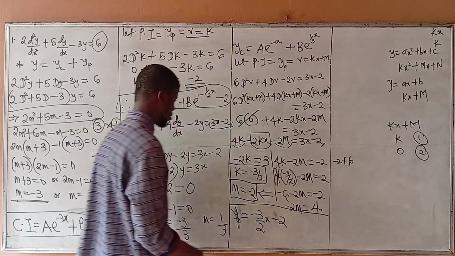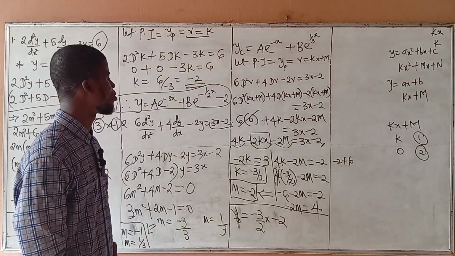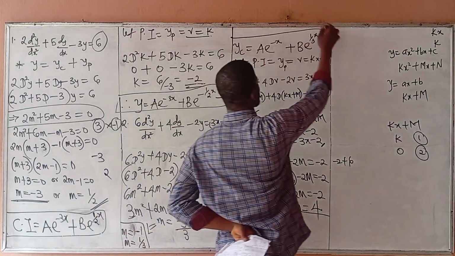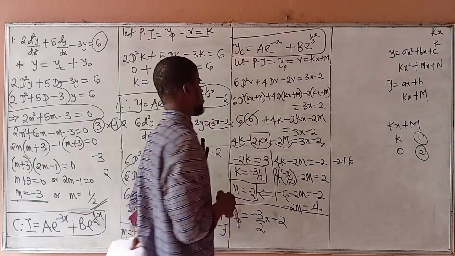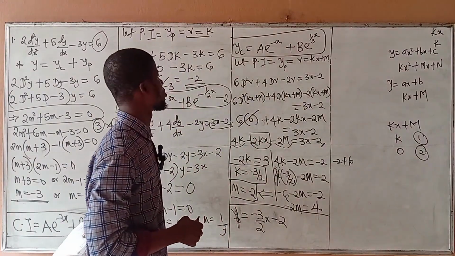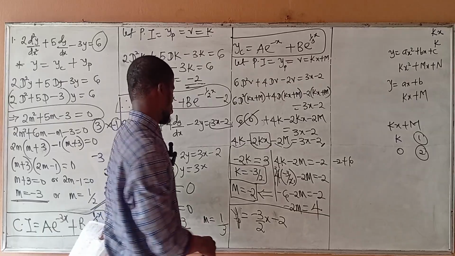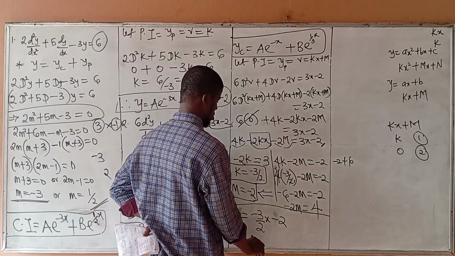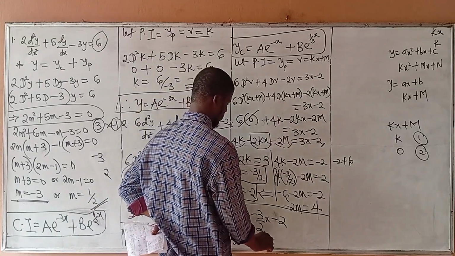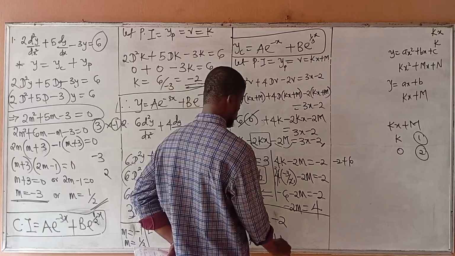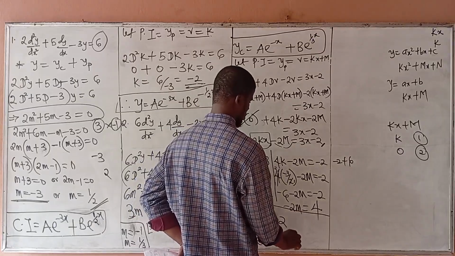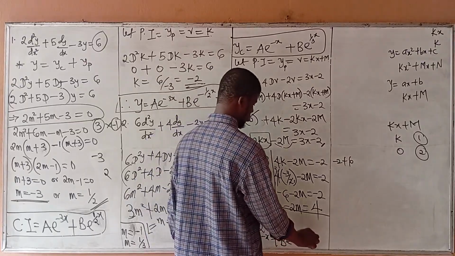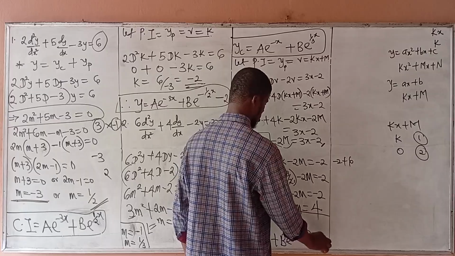This is the particular integral. And the complementary function, based on what we got, is this. So it means that the solution to this equation is y equals a e to the power of negative x plus b e to the power of 1/3 of x. Then I'll add this one to it. Minus 3 over 2x minus 2.